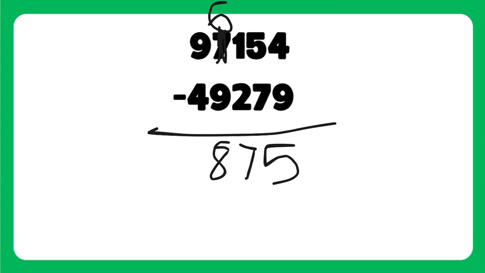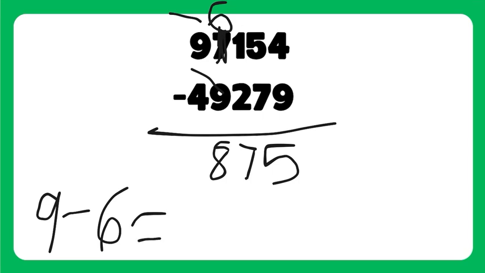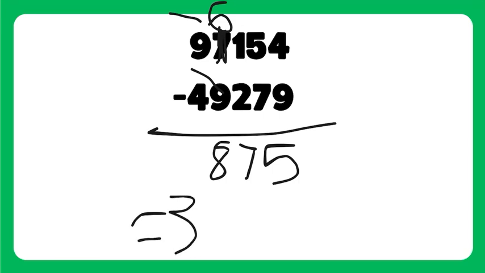Now we have 6 minus 9. 9 minus 6 is equal to 3. So we know if we reverse the digits to get 6 minus 9, which is what we have, the answer will be negative. So what do we do? We have to borrow.